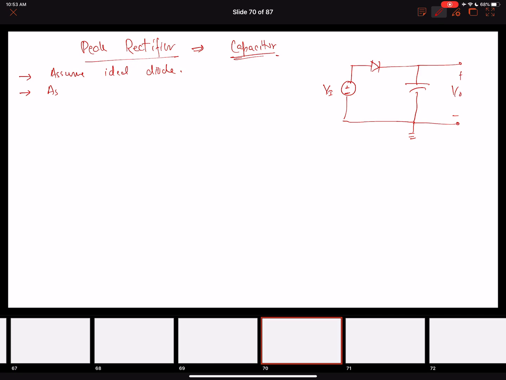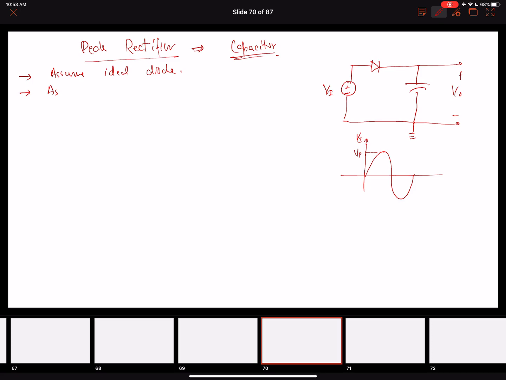So let's assume some details here. Let's assume that this is VI, and the peak value of the VI is VP, just to make things easier.